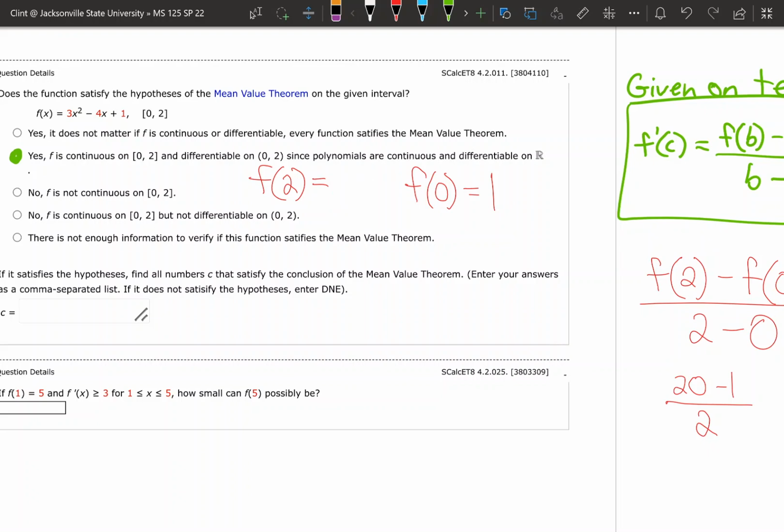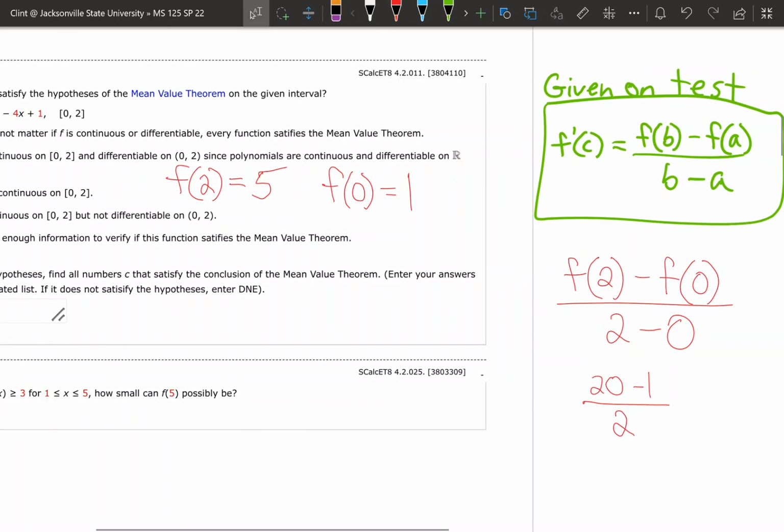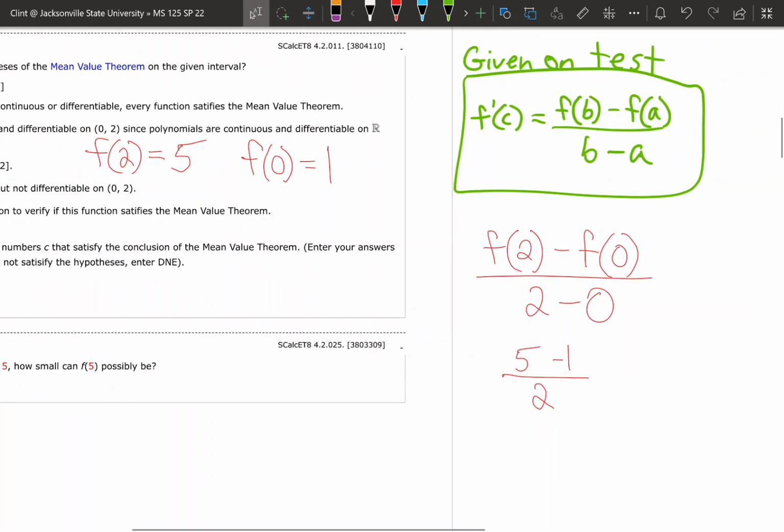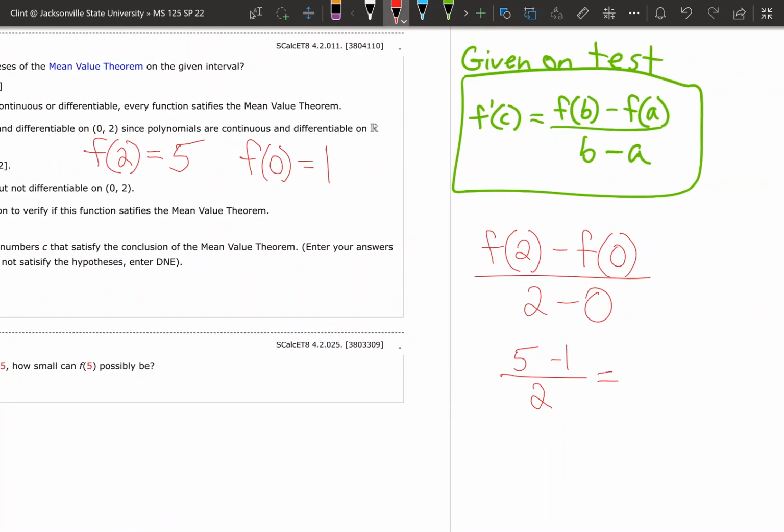Yeah, 5 there. That's better. Sorry about that. We were going to get fractions. We could do it, it's just uglier. So there, that's 4 over 2, so that's 2. Okay. So this part's 2.